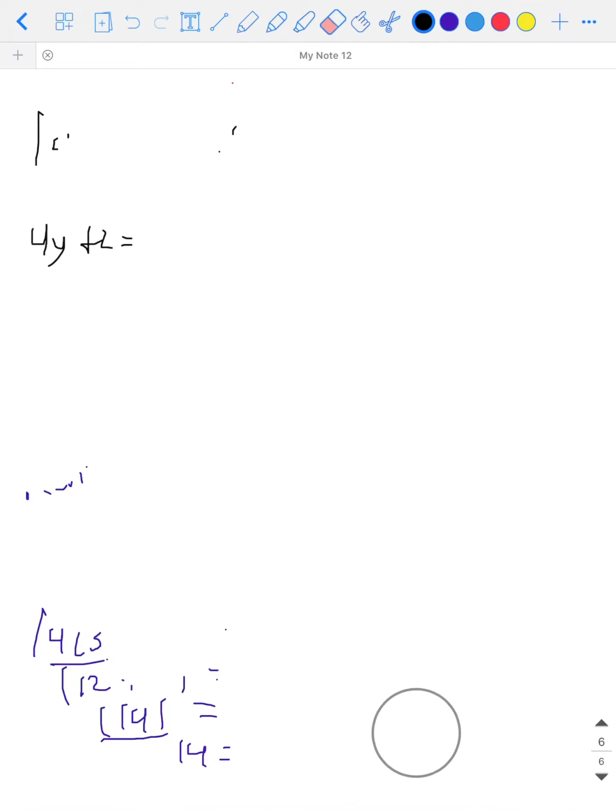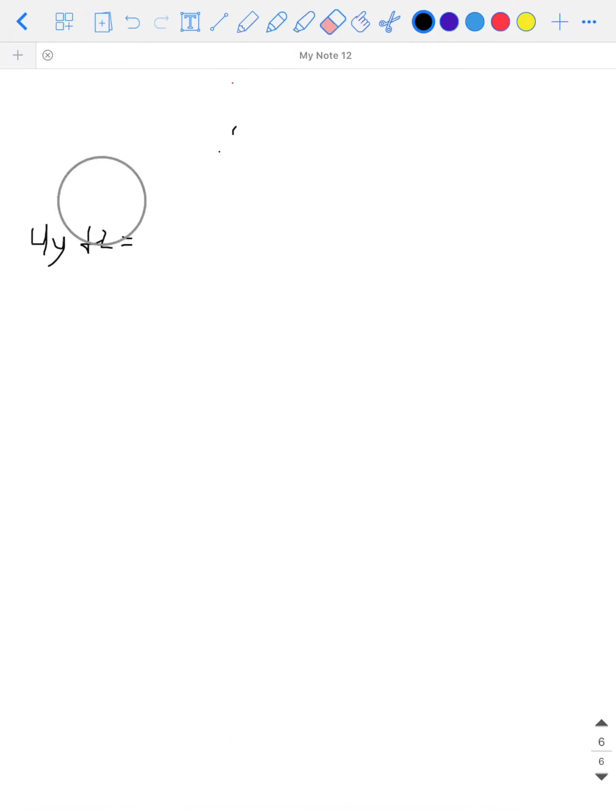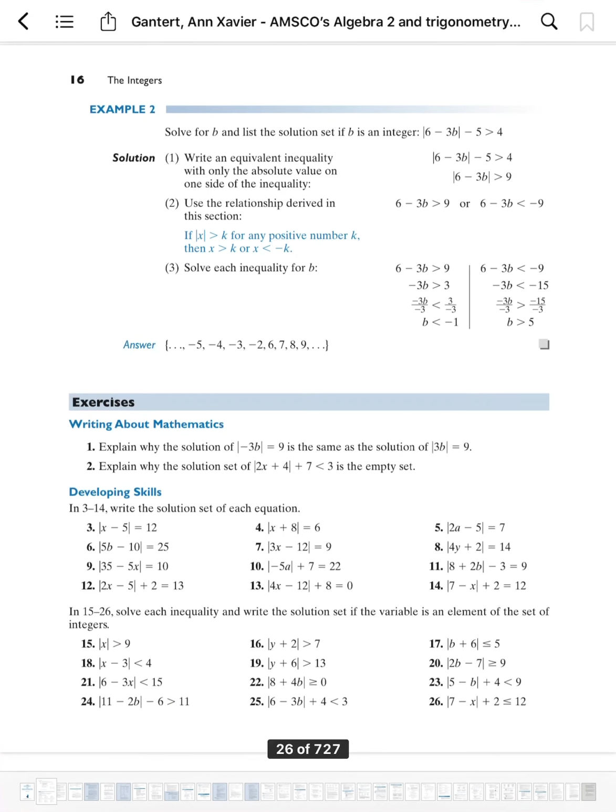Continuing on from the book. So we're looking at question number 10. 10 reads the absolute value of negative 5a plus 7 gives us 22.